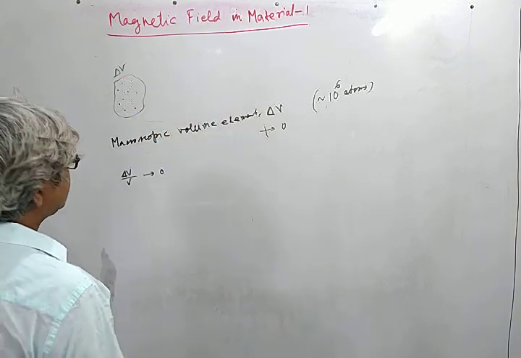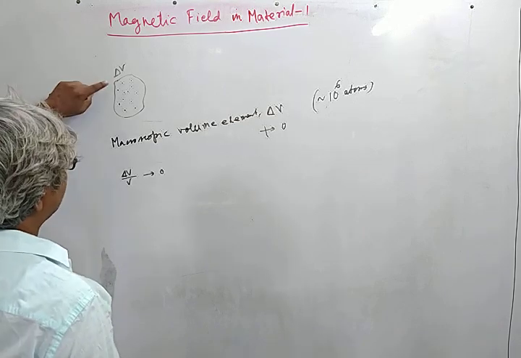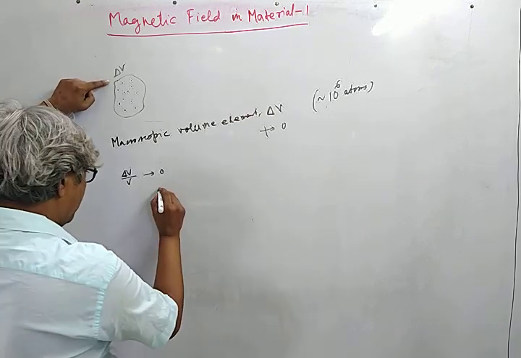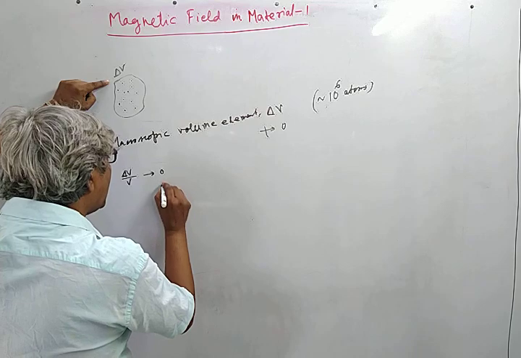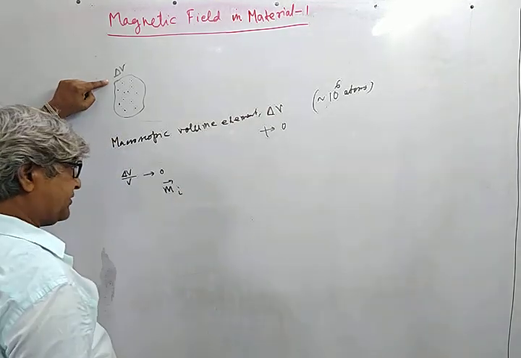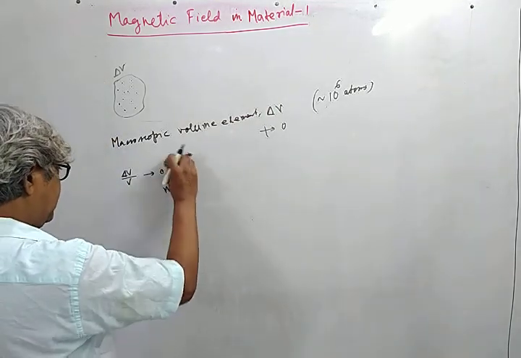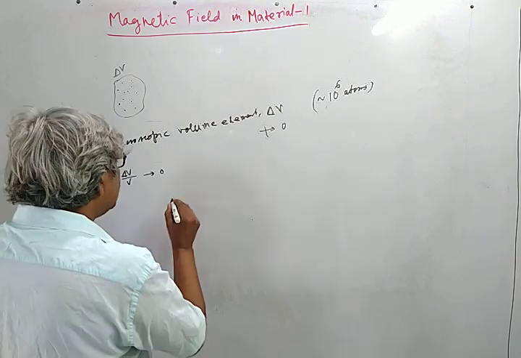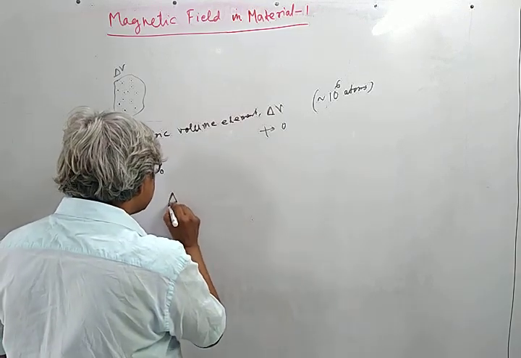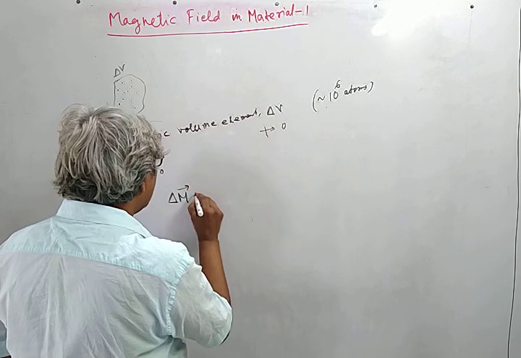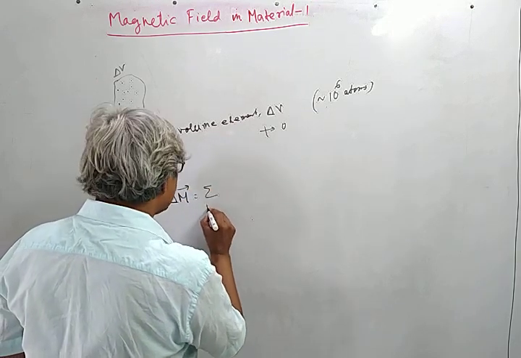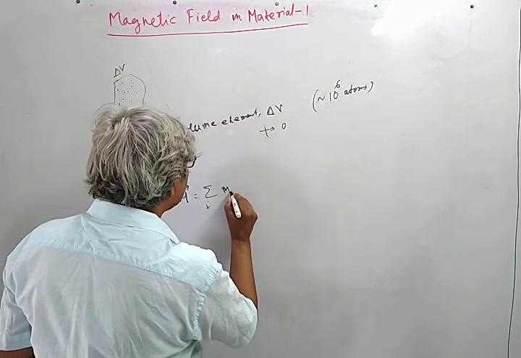We consider the atoms within this volume. Then each electron within the volume has a dipole moment mi, the dipole moment of the ith electron, and we calculate delta m equal to the summation over i of mi.